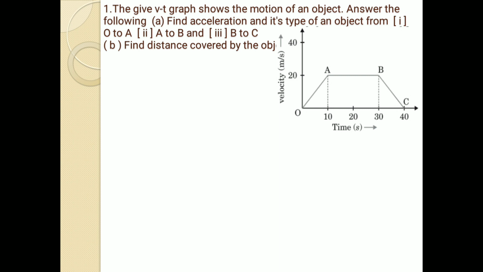So we need to find the area of OABC. If we find the area of OABC, that itself is the distance covered by the object. Is it clear? So first, we should find the acceleration from O to A, A to B, and B to C. Now we'll find the acceleration.